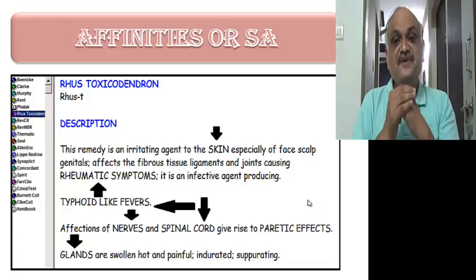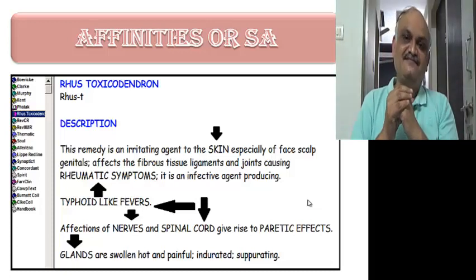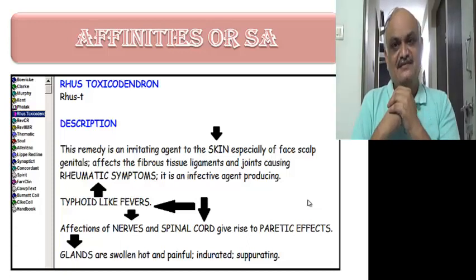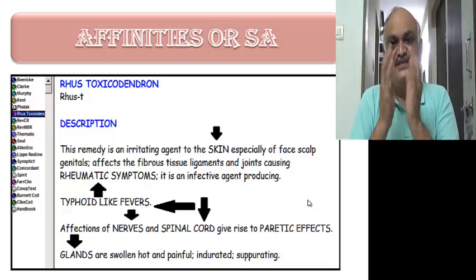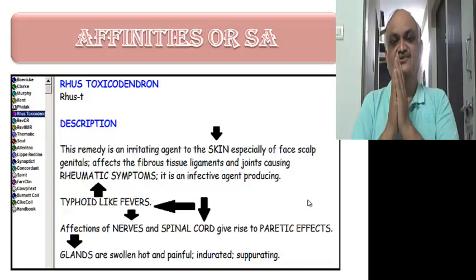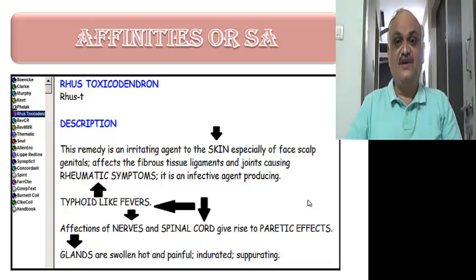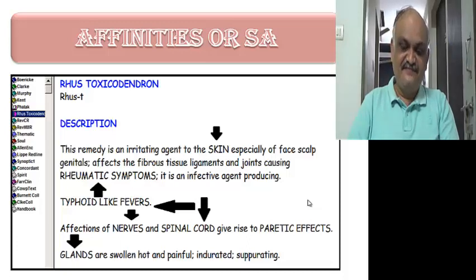Because Sepia we know is a very good hormonal remedy and the case has a hormonal issue. So this is the way. If the person has a lot of hormonal issues, you can think about Sepia, Pulsatilla. If the person has gastric issues, then you can think of Nux vomica, Lycopodium, China. So this is the way.